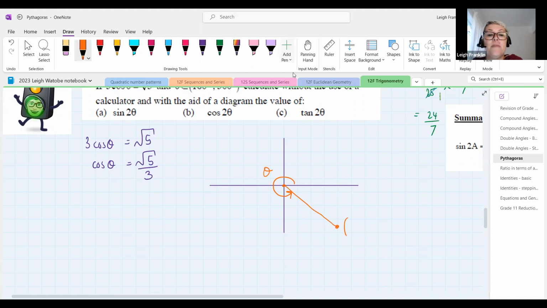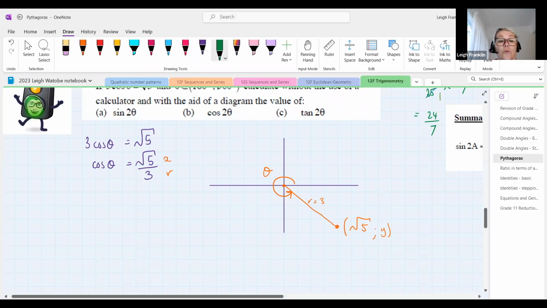Root 5 is our x. 3 is our r. So what's missing? The y value. That's quite right, Tato. The y value is missing, and we know the length of the terminal arm. It's 3.